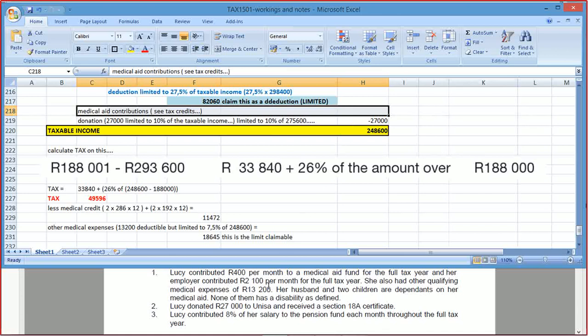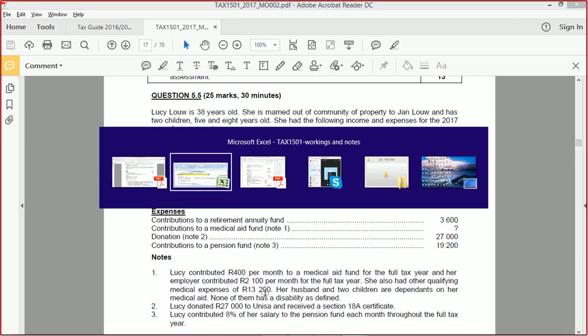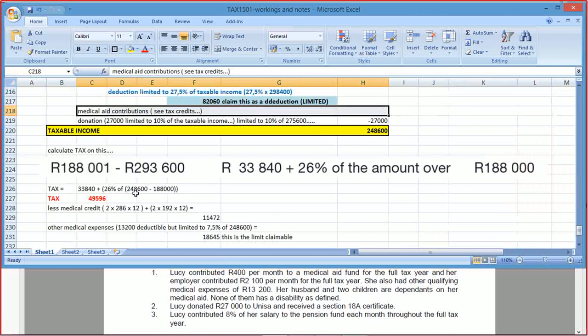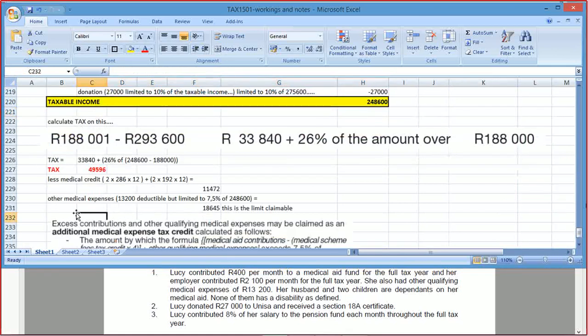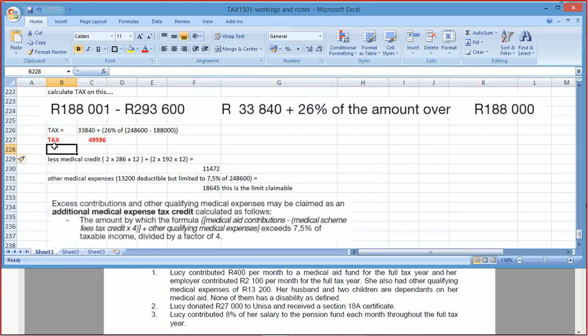Oh, where's the contributions? I didn't put contributions in. Oh, here's the contributions. Okay, how much does she contribute as part of her medical aid? 400 rand per month. Yes. No, not 400 rand a month. 2,100. Oh, that was the employer. Sorry, you're right. Okay, 2,100 was the employer. 400 was what she contributed. That's right. Okay, so she contributed 400 rand a month.